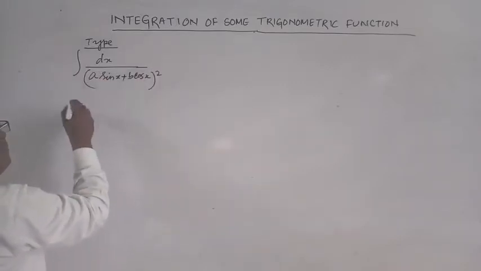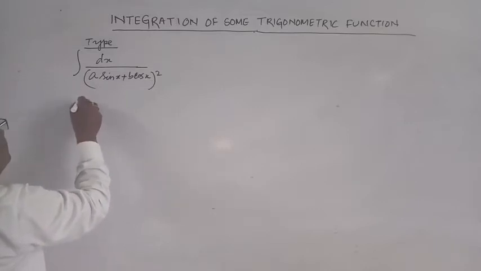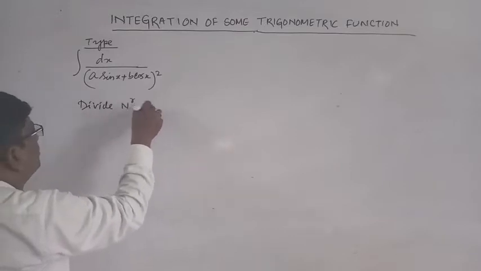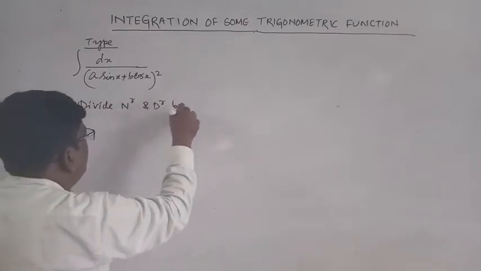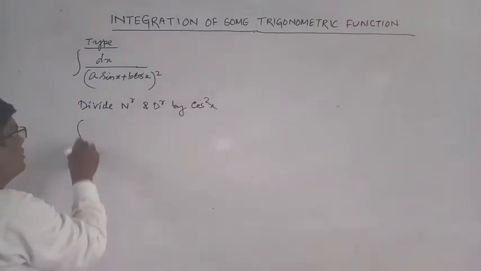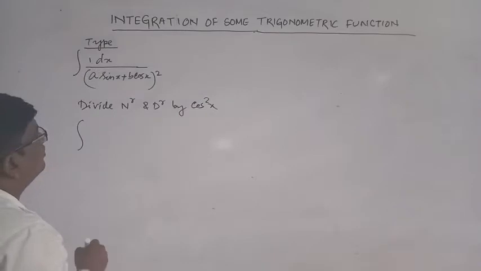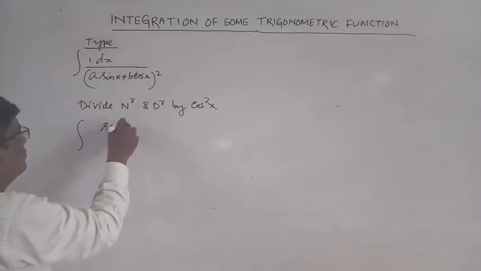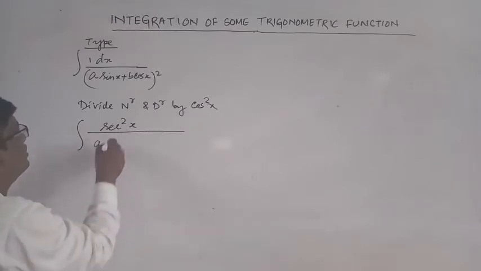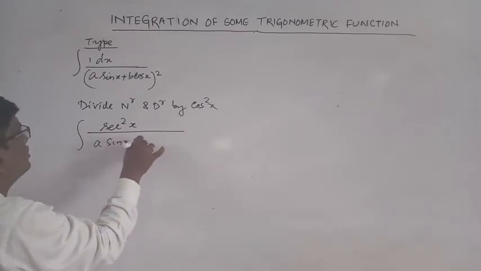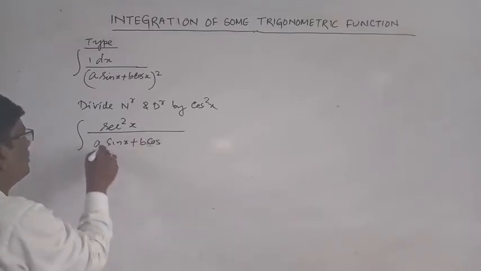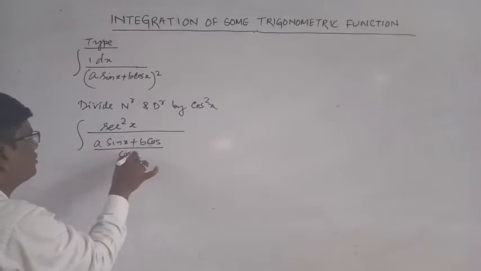So the first procedure is to divide numerator and denominator by cos square x. So 1 by cos square x means sec square x, divided by a sin x plus b cos x whole square divided by cos x whole square.